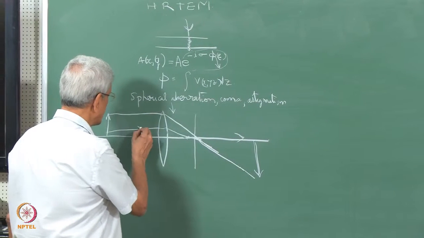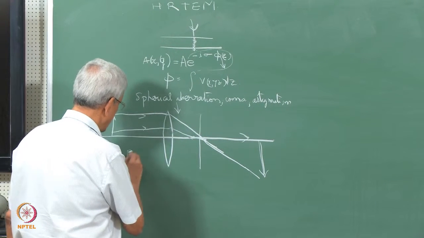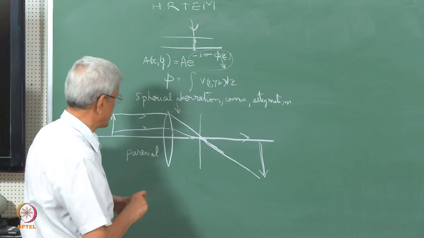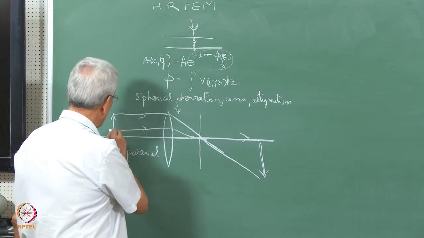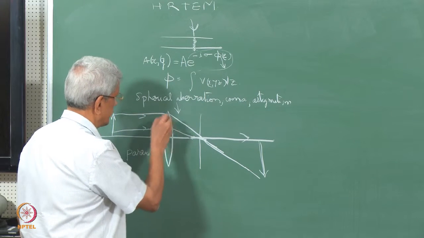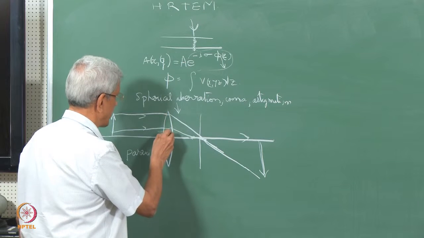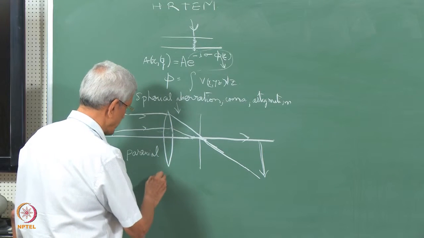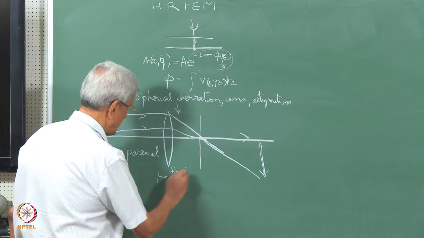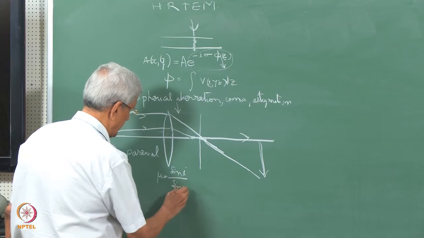And we consider this as a paraxial approximation. What is the paraxial approximation? When the beam enters from air into the lens, which has a different refractive index, it undergoes refraction, and that is given by the formula mu equals sin i by sin r.